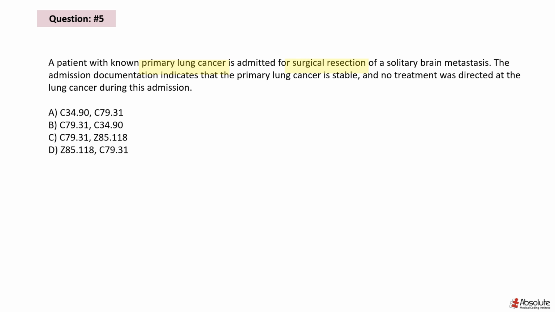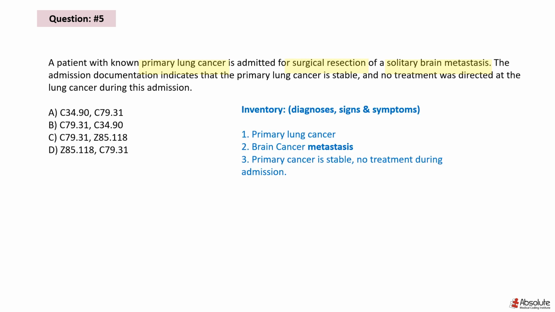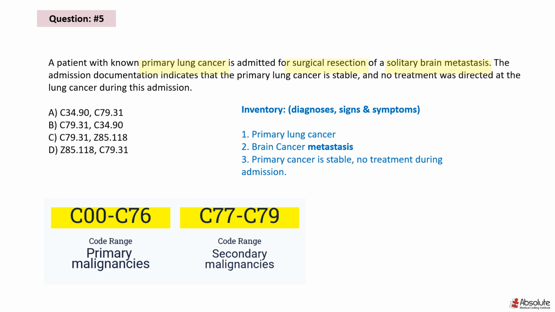I selected primary lung cancer. This patient was admitted for surgical resection of a solitary brain metastasis. These are my key words, and I have to determine which is my first listed. And if you look at number 2, it says there was a resection of solitary brain metastasis. So metastasis is definitely my first listed code because it was the diagnosis that was chiefly treated, right?